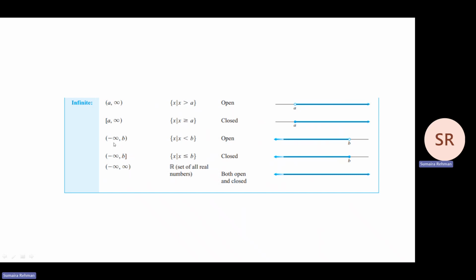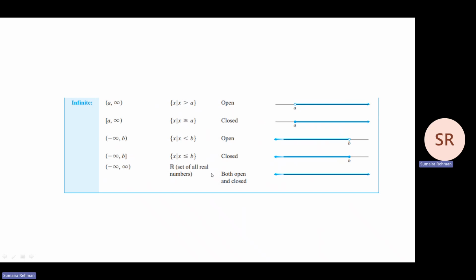And here you can see that each time we write infinity, either positive or negative, we will never use the closed bracket, because we cannot reach positive infinity or negative infinity. That's why we use these brackets over there.